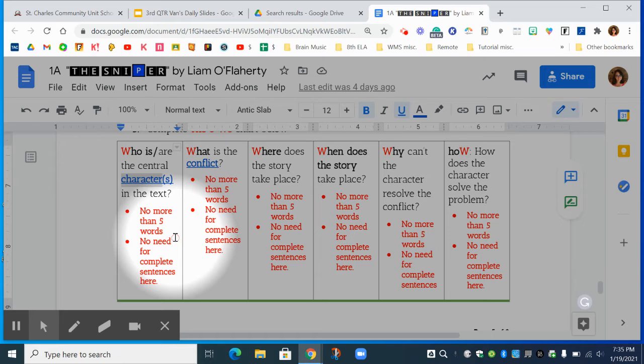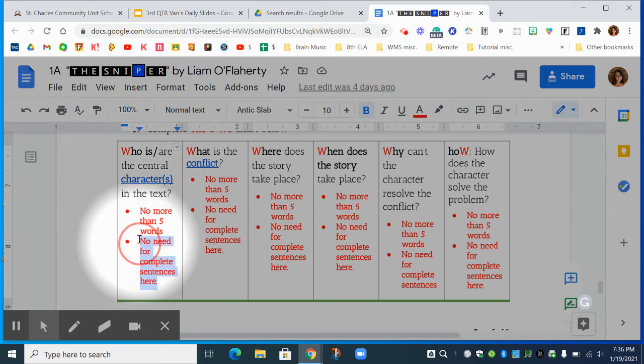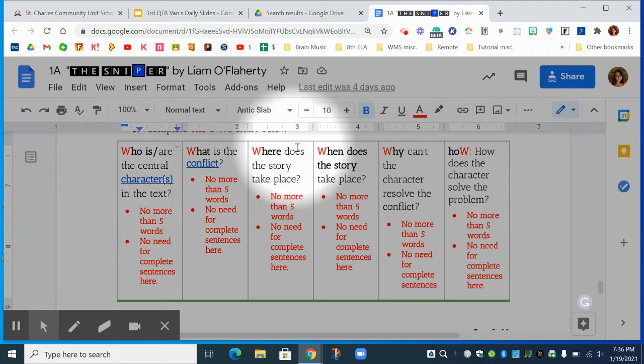We want the basic and the most important pieces of information. So here's a tactic. We want no more than 5 words to characterize the who of a story. And it's also important to note there's no need for complete sentences here because we're just trying to capture the essence of the who, what, where, when, why, and how of the story.